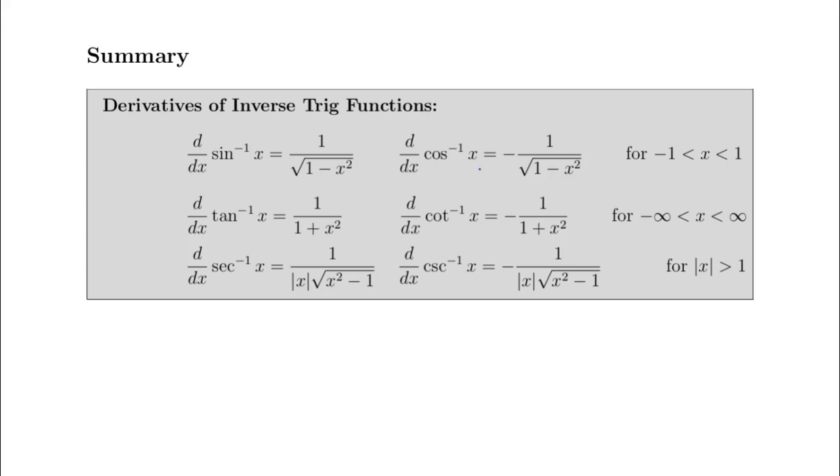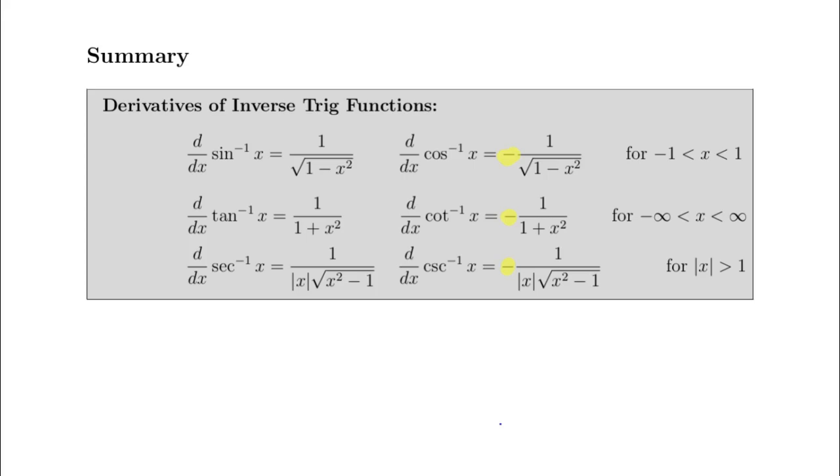They're only offset by a negative. The derivative of the inverse tangent and inverse cotangent functions. Again, only different by a negative. And the derivative of inverse secant and inverse cosecant functions. These three forms, with their positive and negative versions, will pretty much be everything we need to know here.